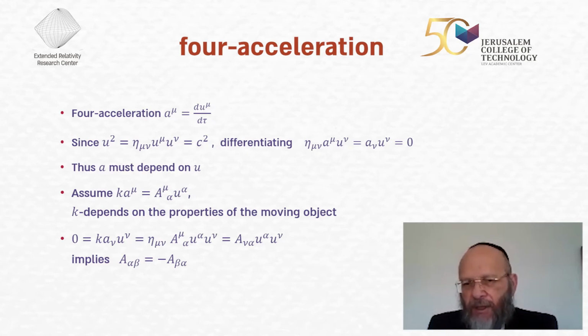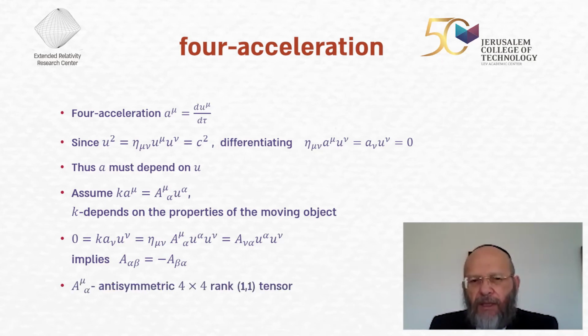You get the same coefficient. They add up together, and they must be equal to 0 because u alpha and u nu are arbitrary. So you get that a alpha beta must be equal to minus a beta alpha, because the sum of them has to add up to 0. That means our tensor is antisymmetric. Antisymmetric can you define only when the indices are on the same level. So if you want to work with antisymmetric, you automatically get A with a lower index. So this is an antisymmetric 4x4 tensor, a 1-1 tensor.